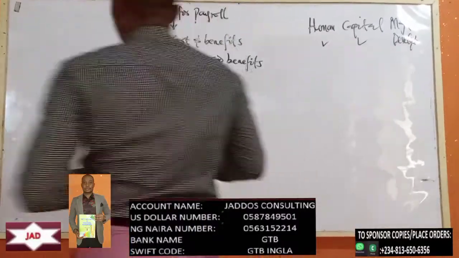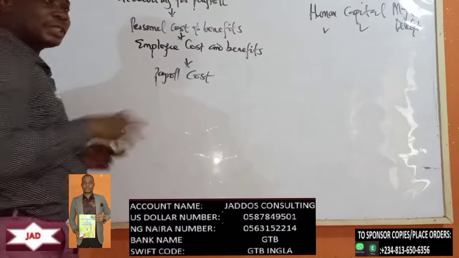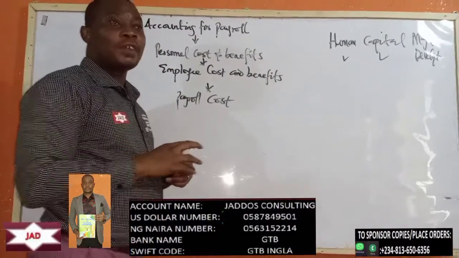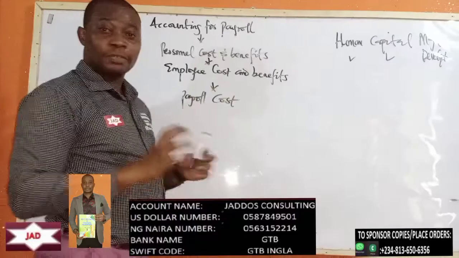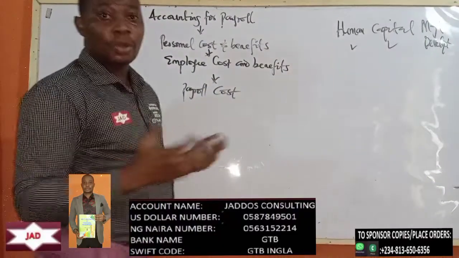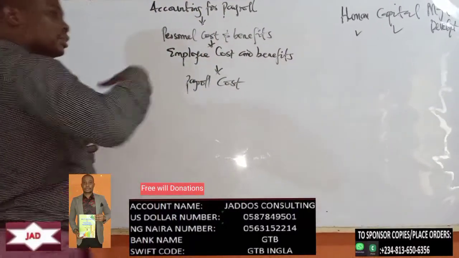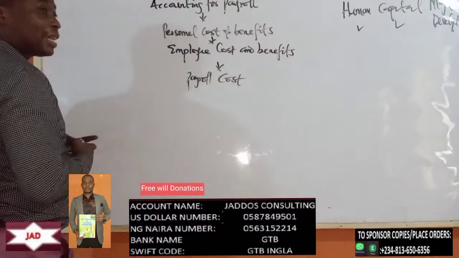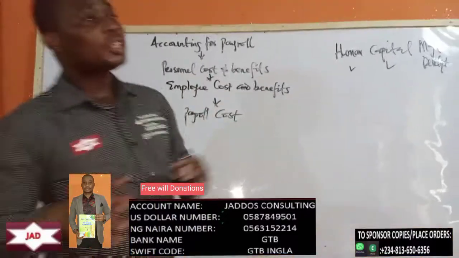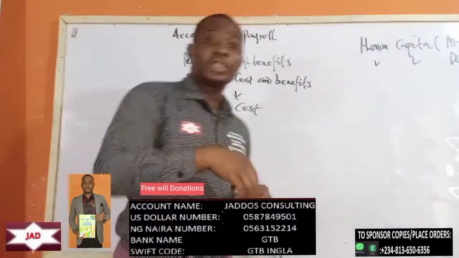So the idea here is that, while there is the accounting aspect of the cost involved in bringing in people or expertise or individuals to work for an organization, the human resource department is typically responsible for the policies that involve selection and getting the right personnel for a particular position in an organization.